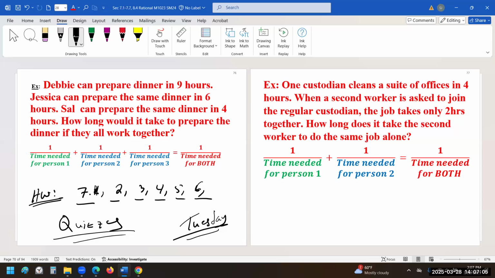That's the X. What is missing? Second one.